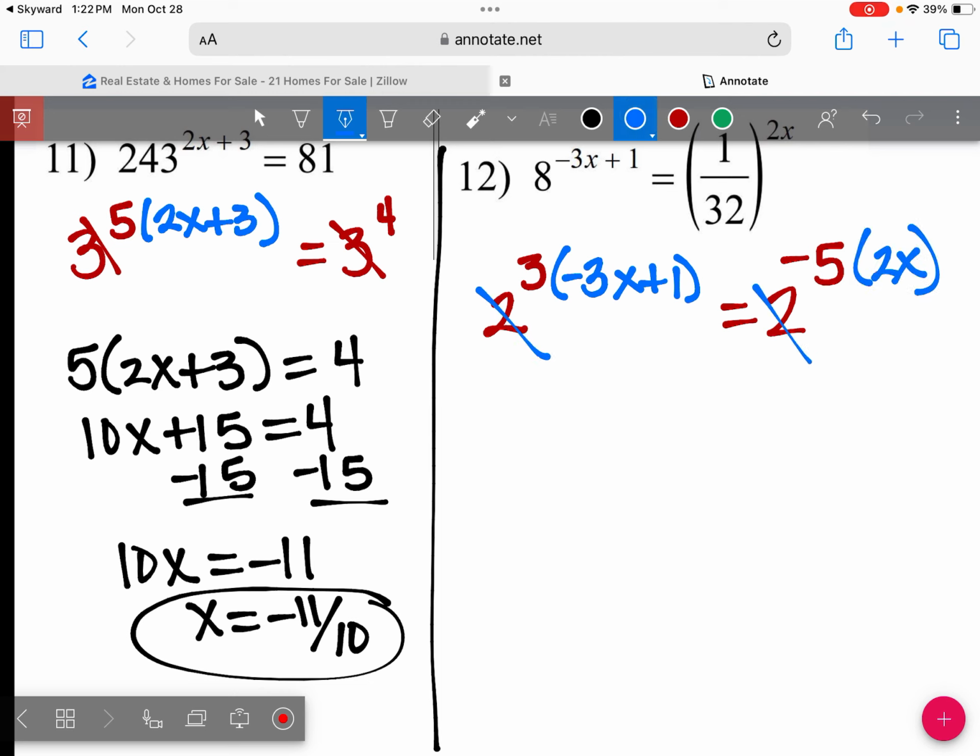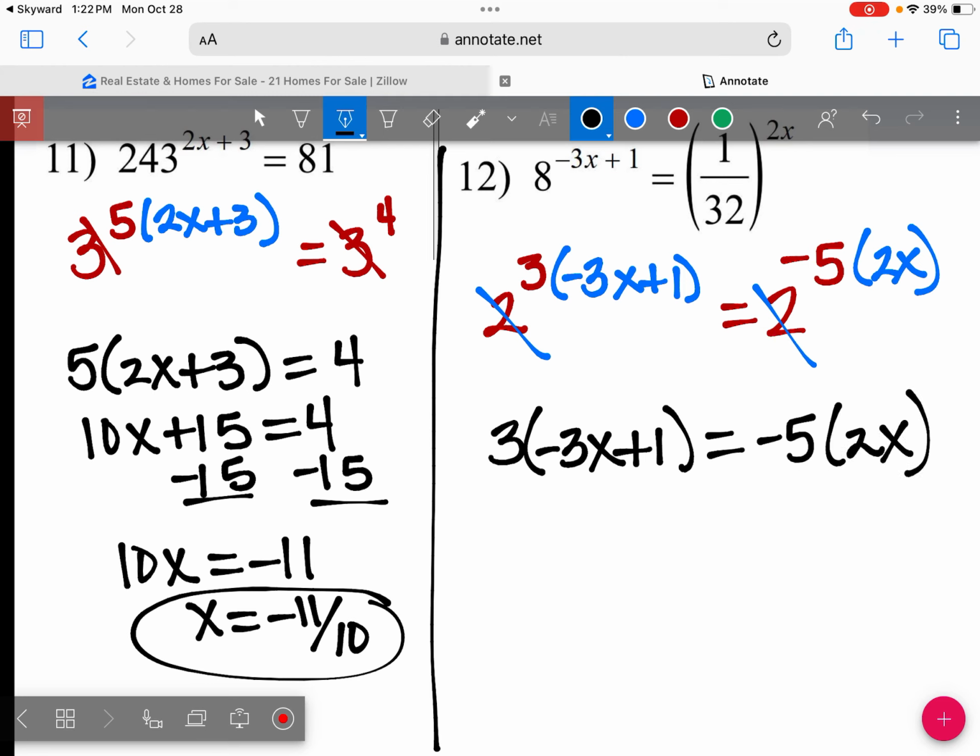Now we can drop the 2. Negative 9x plus 3 equals negative 10x. And then we're just simply going to add the 9x.